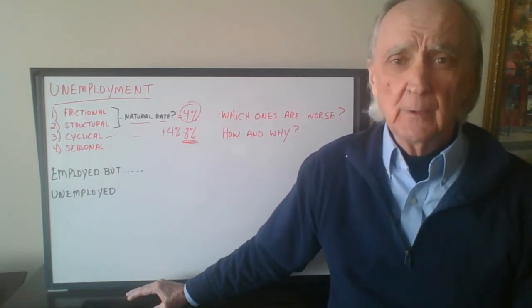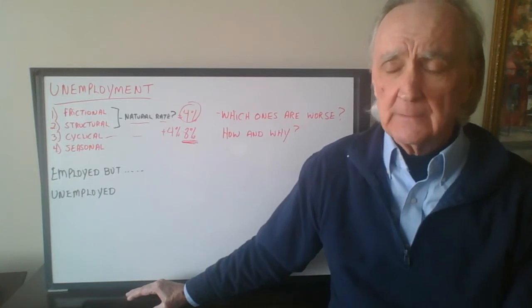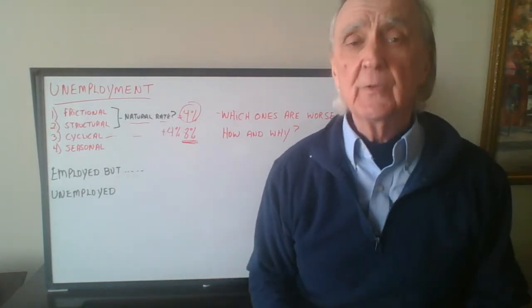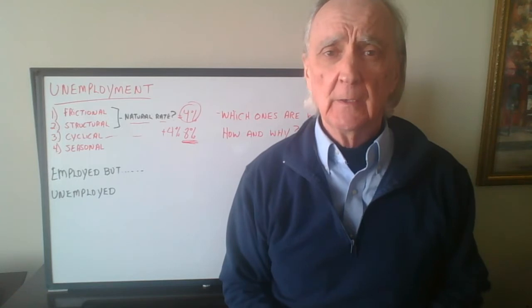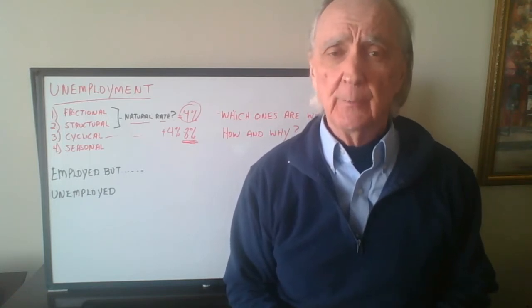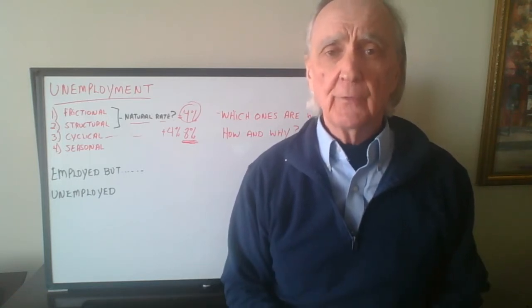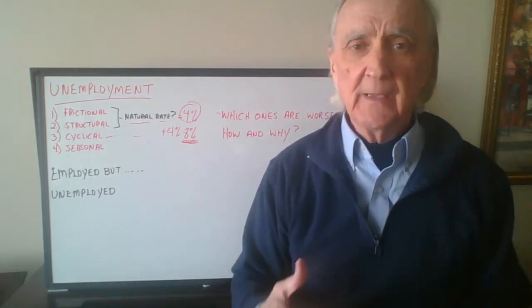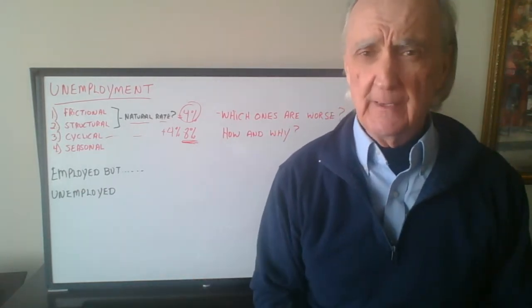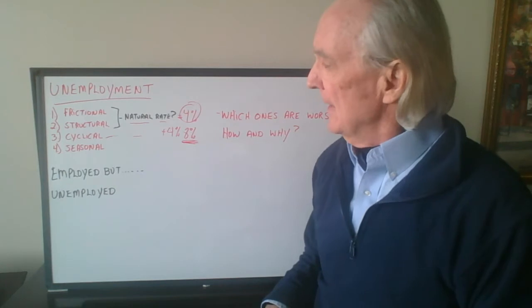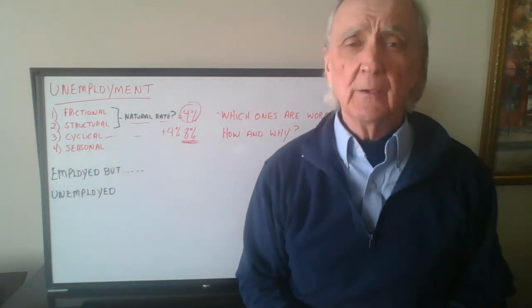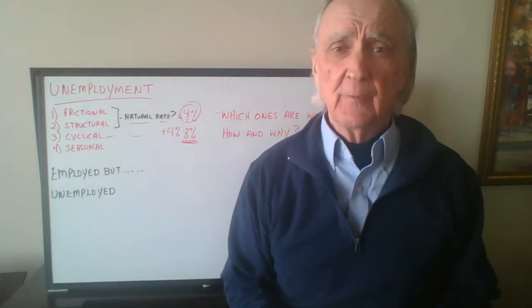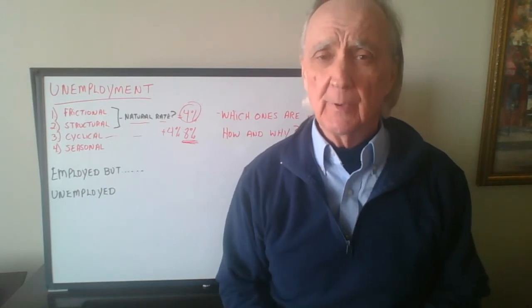A lot of companies will purposely keep at least a certain percentage of their people under 30 hours in order to avoid picking up all the other benefits. So being employed doesn't mean everything's fine and you can provide for your family. You could be just working part-time.